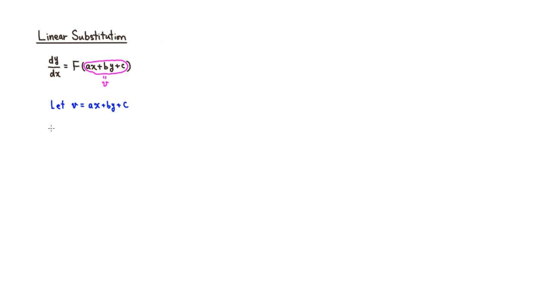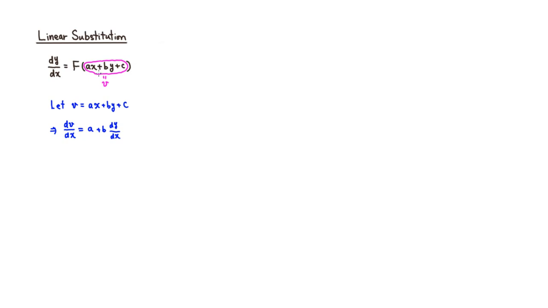Then if you take the derivative with respect to x, you're going to have dv over dx is equal to, derivative of ax with respect to x is a, and derivative of by with respect to x would be b times dy over dx, and derivative of constant c would be 0, right?